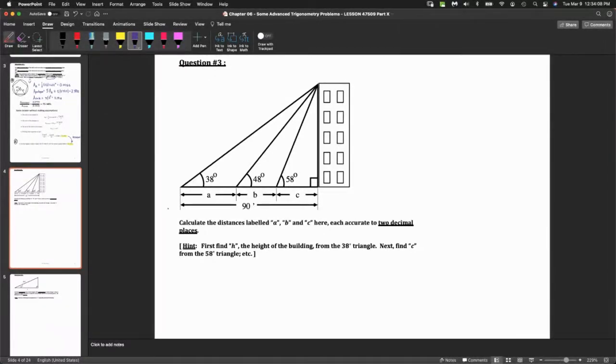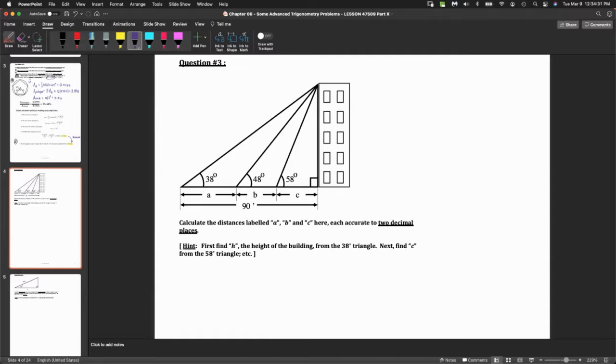So the question is to find the individual lengths that separate the 3 observers. So just imagine again, there's 3 people right here, 1, 2, 3 people that are surveying the building. And based on this information, we're going to find out how far apart each person is with respect to each other and the building.